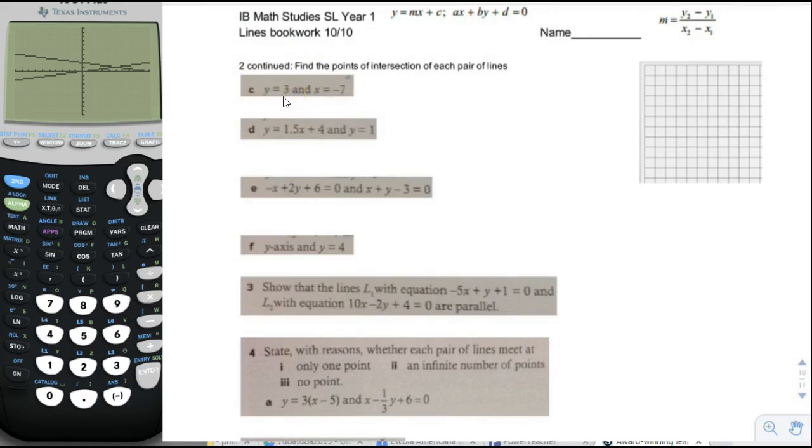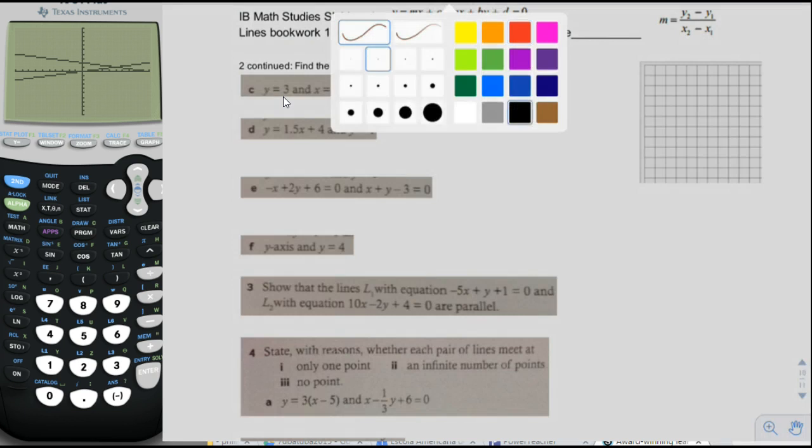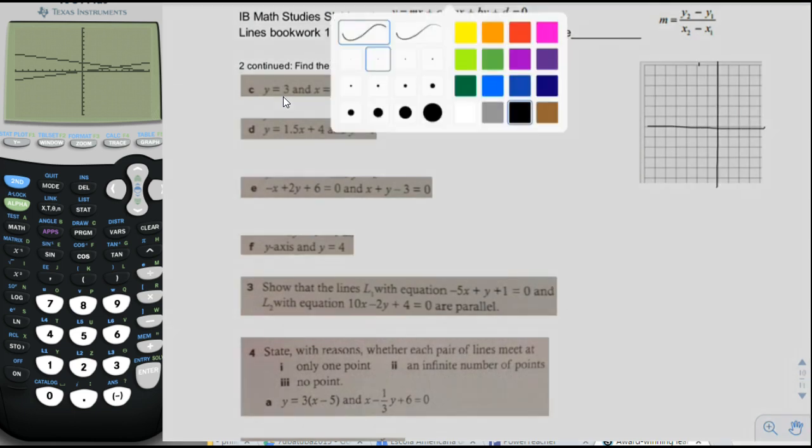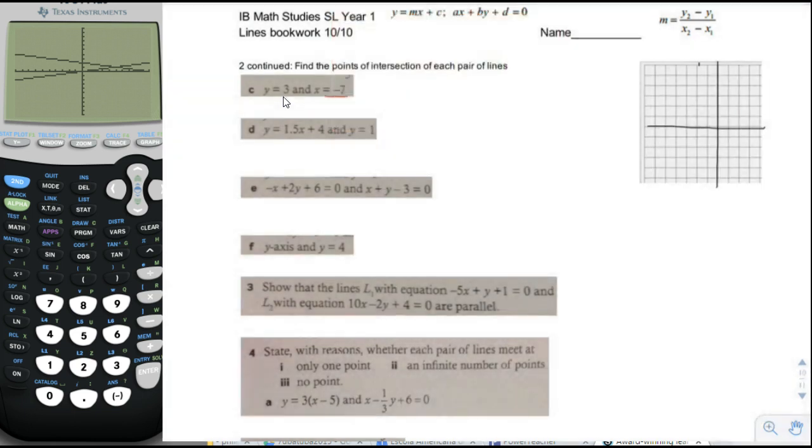So let's draw the graph of these. It's the easiest way. So let's see, I'm going to draw my axes like that. This line, x equals -7, that means that the x goes through the intersection point at 1, 2, 3, 4, 5, 6, 7, -7, so it's right there.